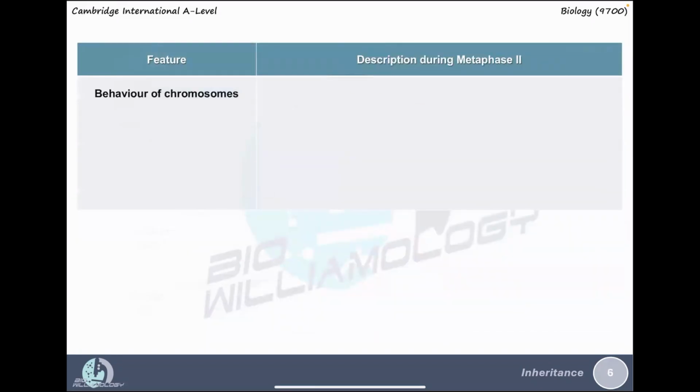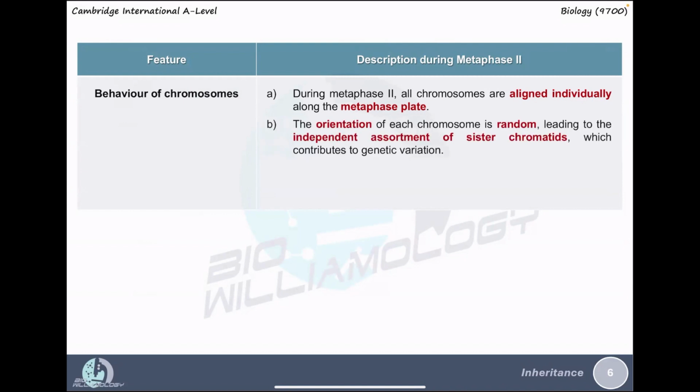During metaphase 2, all chromosomes are aligned individually. These are chromosomes, not homologous pairs anymore, because during metaphase 1, homologous pairs, which we call bivalents or tetrads, are arranged at the metaphase plate. However, during metaphase 2, all chromosomes are aligned individually along the metaphase plate, and the orientation of each chromosome is random, leading to independent assortment of sister chromatids.